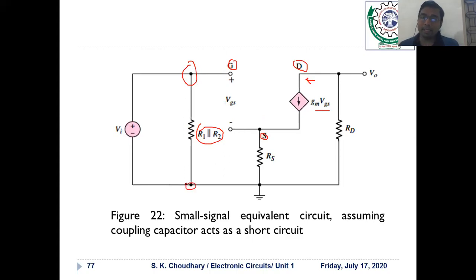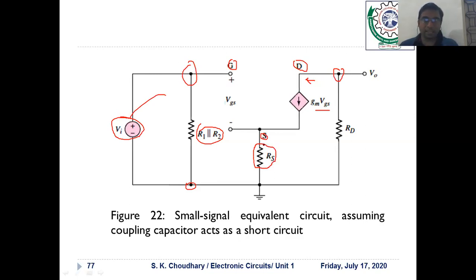In the previous case, the source is connected to ground, that's why it was the same. But now you have to draw this terminal up to the ground terminal, skipping the source. And again the voltage source is between the gate and ground, and RD is between the drain and ground. This change occurs because of this RS.